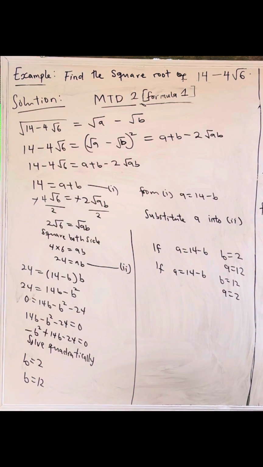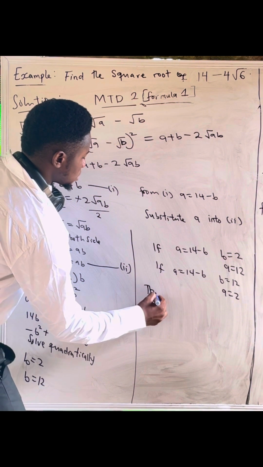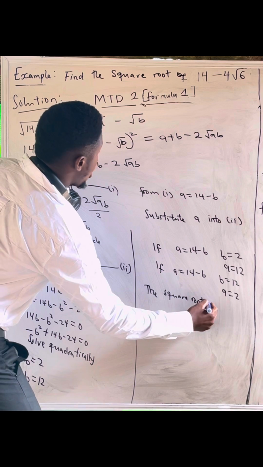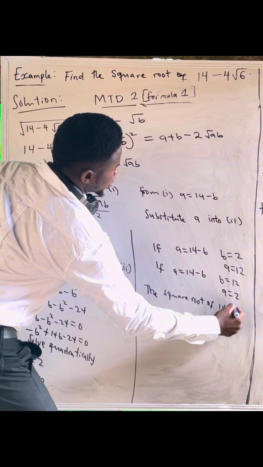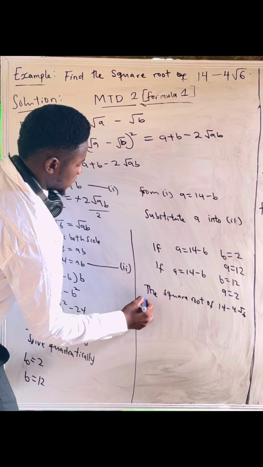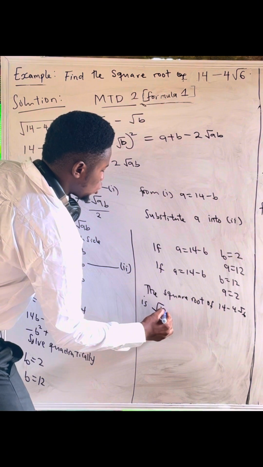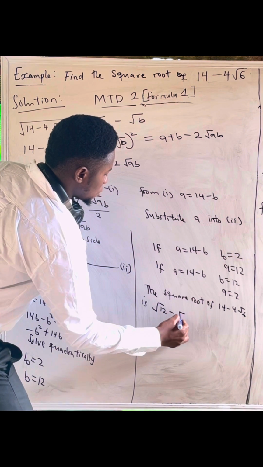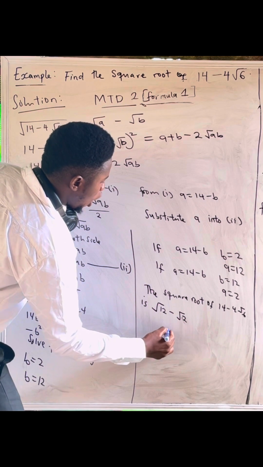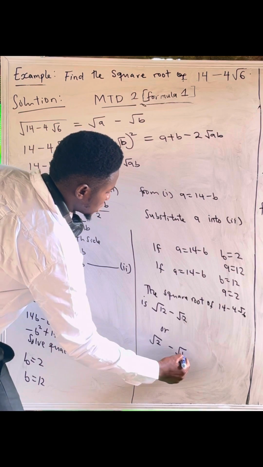So therefore, we can say that the square root of 14 minus 4 root 6 is root A, 12 minus root B, 2, or root 2 minus root 12.